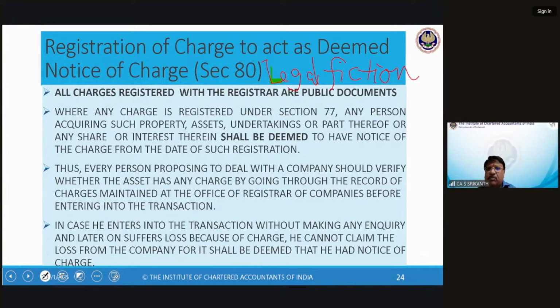There is a deeming provision: a loan taken by a person having substantial interest in a company in which the public are not substantially interested will be deemed to be dividend. Even though it's not a dividend, it will be deemed to be dividend. So once you see the word deeming, remember that the law has created a legal fiction.